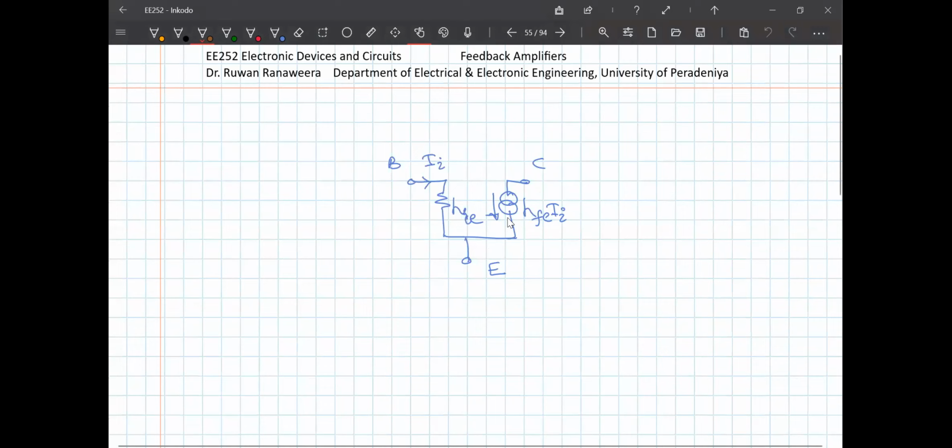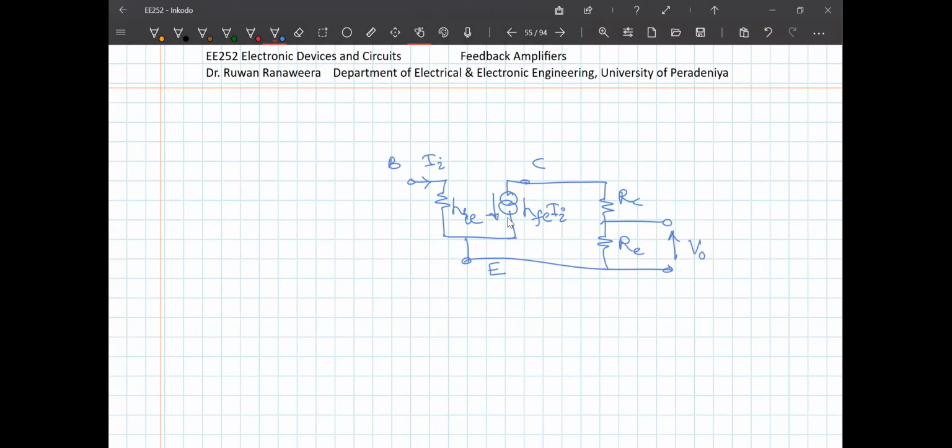So between collector and emitter, I have two resistors, RC and RE. This is where the output is, right? At the input, between emitter and base, we have RS and the source VS. That's all we have.